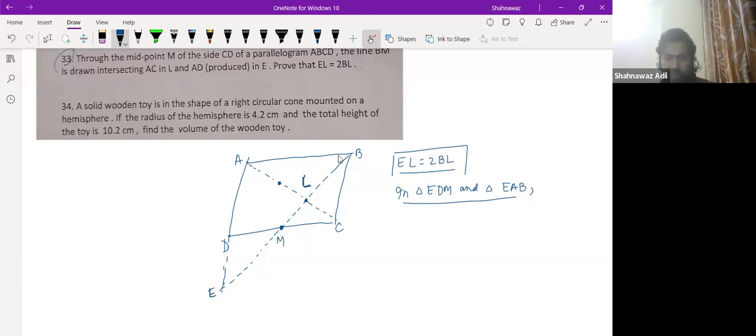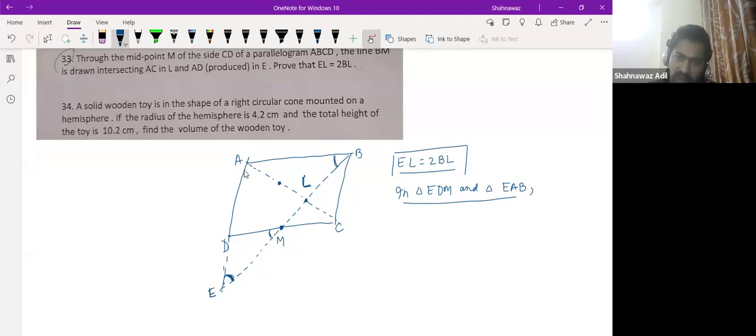So what will I get? Are these two triangles similar? Yes, because this is common, and what about these angles? Because AB is parallel to DM, corresponding.